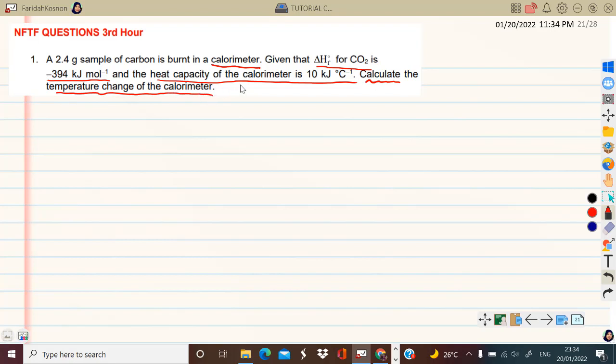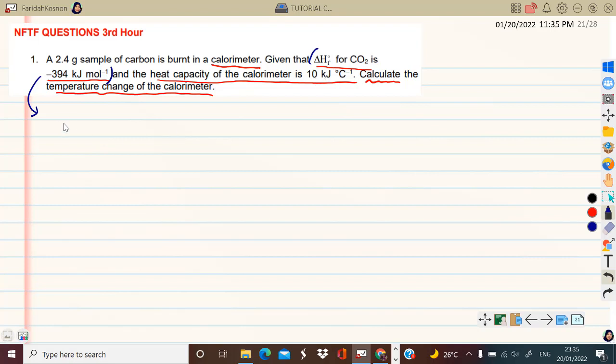Based on the information given, we have this statement: the standard enthalpy of formation for carbon dioxide is negative 394 kilojoule per mole. If you convert this statement into a thermochemical equation, let's say I want to write the thermochemical equation that shows the standard enthalpy of formation of carbon dioxide.